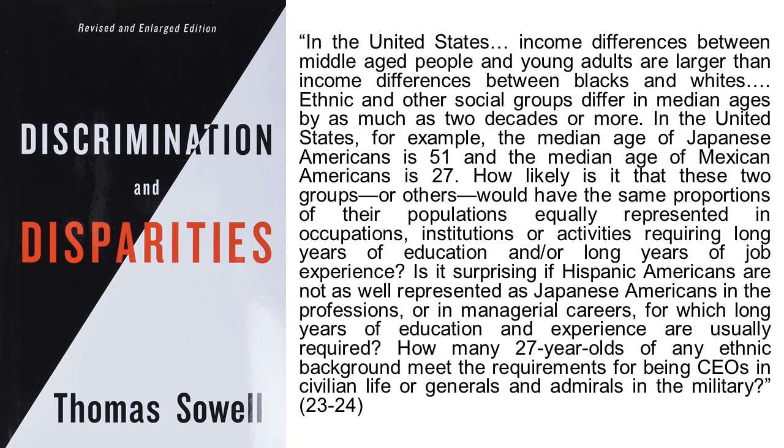You see what's going on here? Even in a society completely absent any kind of racial or ethnic discrimination, given differences in median age, you're going to have disparities in income, for example. Given this fact alone, the median age for Japanese Americans is 51 and for Mexican Americans is 27, you would expect vastly different median incomes, wouldn't you?